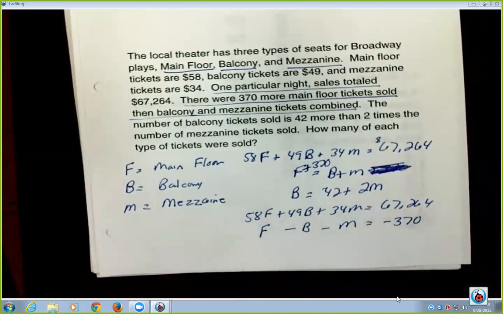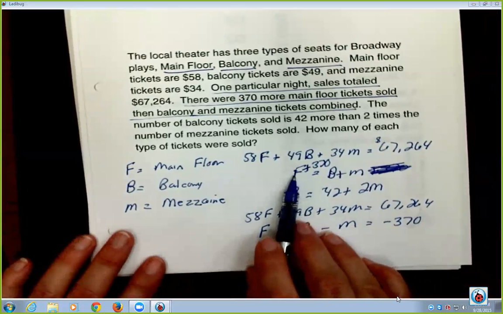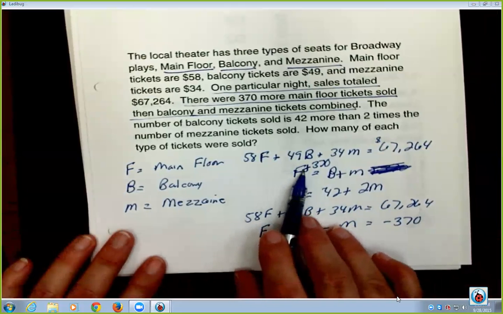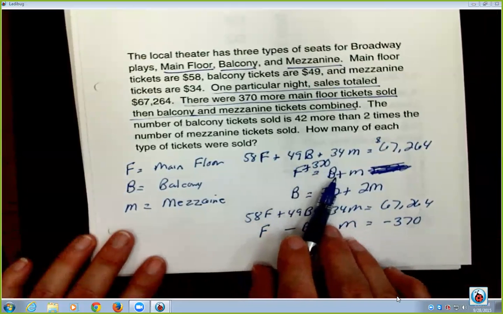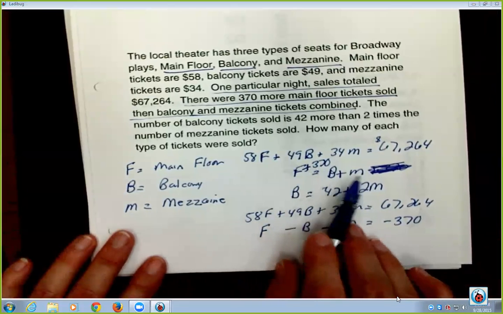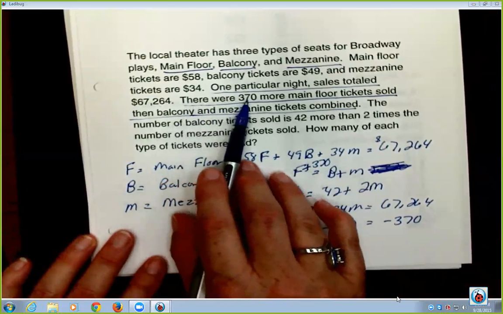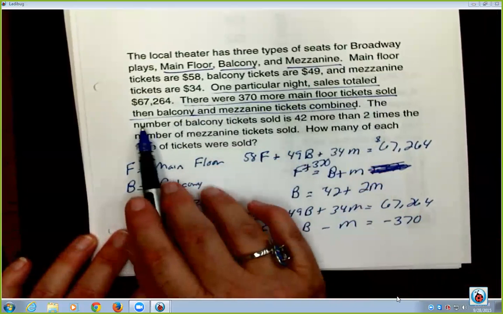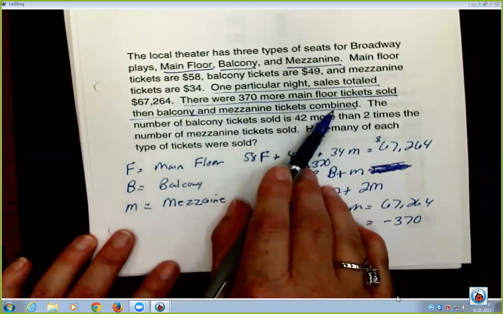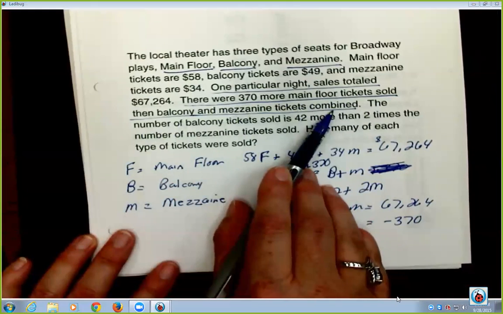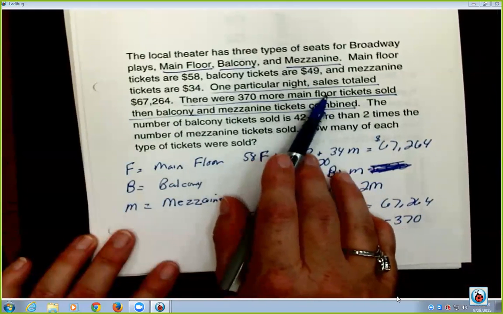It should be F minus... 370 more than those two combined. Nope, because it's going to be whatever the balcony happened to be plus 370 is going to equal what these happen to be combined. There were 370 more main floor tickets sold than balcony and mezzanine tickets combined. More than meaning more tickets.